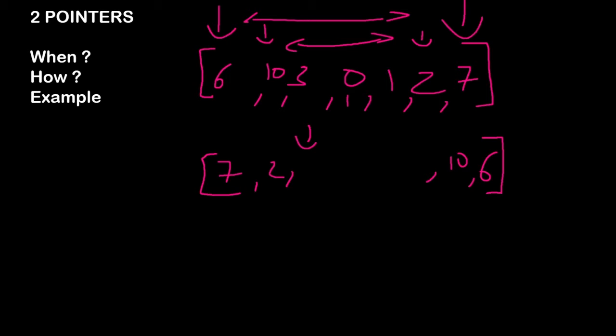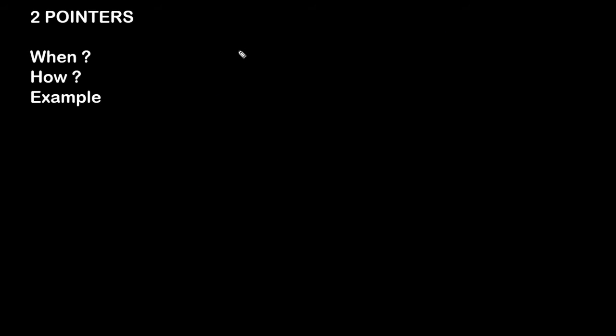And finally, one that I haven't done myself, but it's pretty interesting: if your array is sorted in a non-decreasing order, so everything is just increasing all the time. That's another exercise that I checked out, but we're not going to do it today. So let's say you have this, and you want to put every value in your array to the square of the value, and order it in a non-decreasing order too.